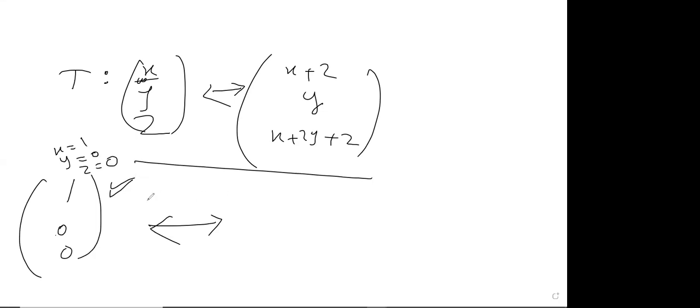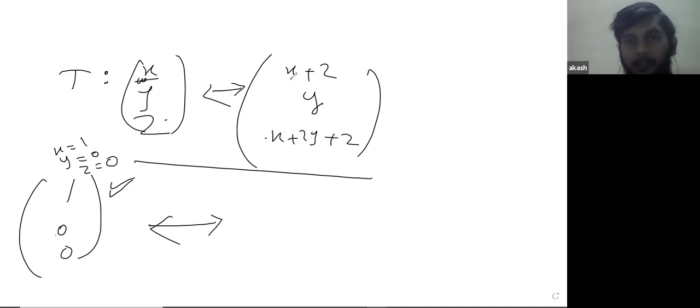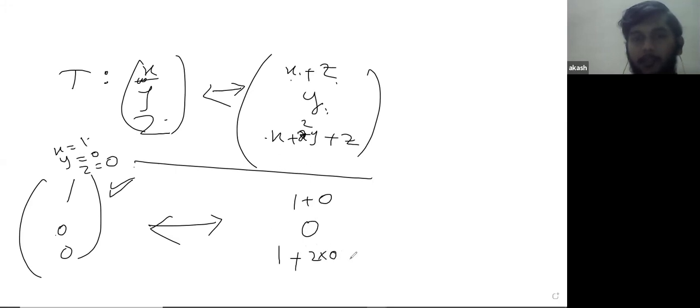This is transformed into this: x plus z, that means 1 plus 0; y simply; and x plus 2y plus z.